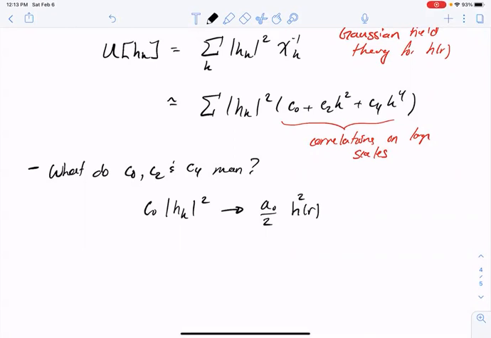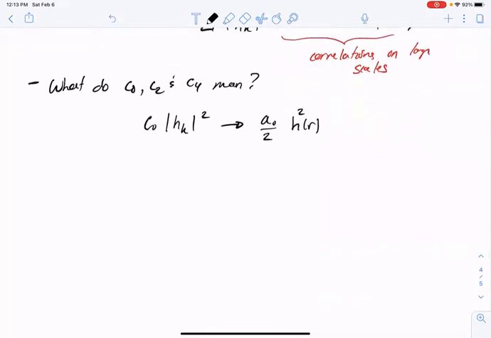So we have a harmonic potential with some spring constant A0. Indeed, we can infer, therefore, that C0 should be 0. Otherwise, we would not have fluctuation about some average position. The 0th mode, if you will, would be free. We would have no control over where the average height was.